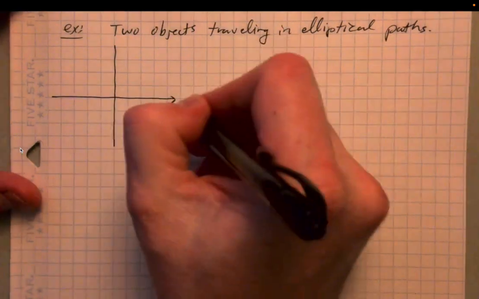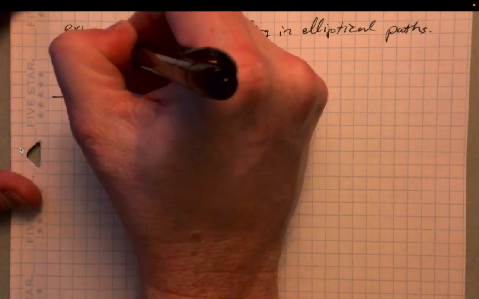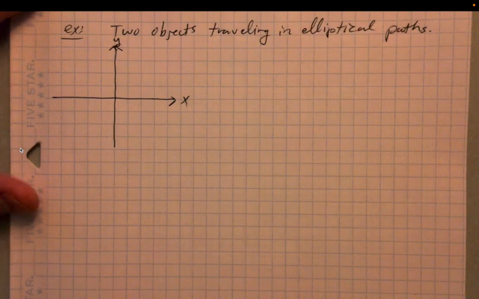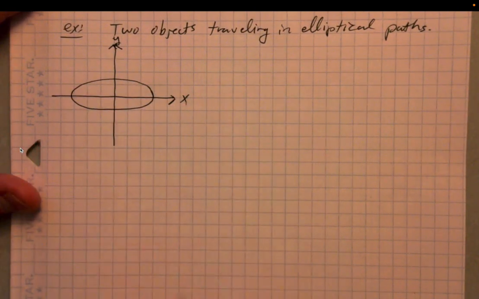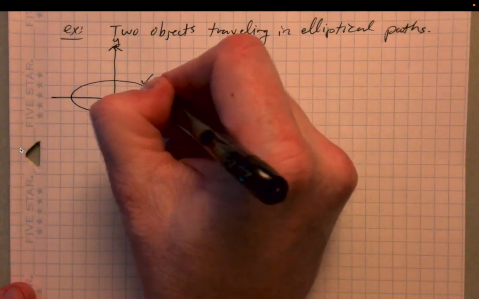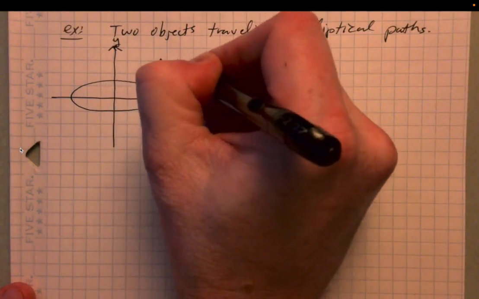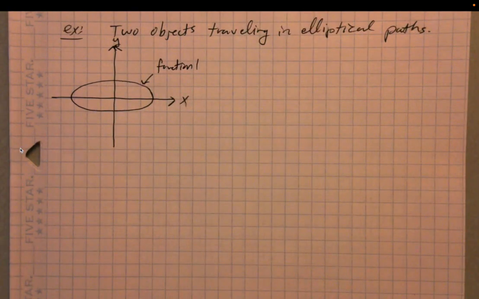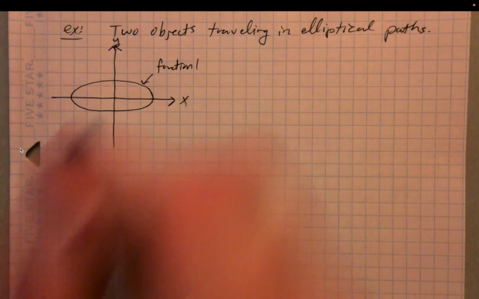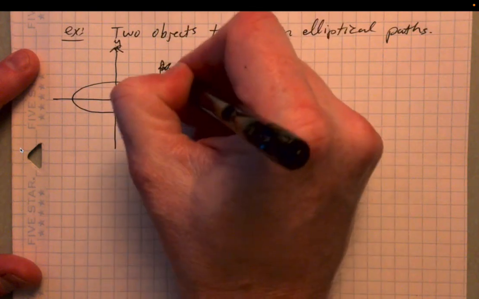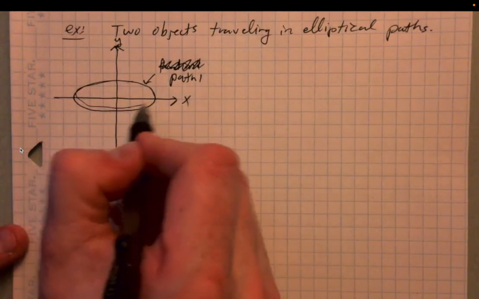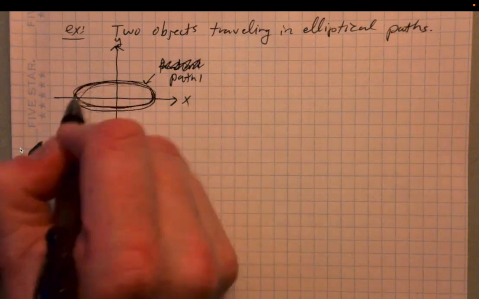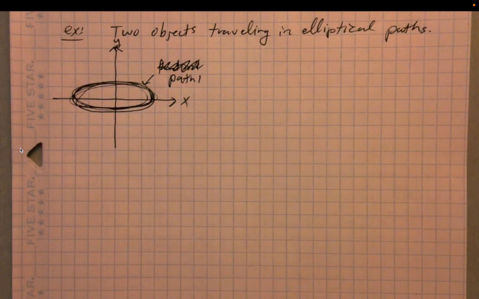So I've got my x-axis and I've got my y-axis. Let's say the first path kind of goes like this. Well, it's not a function, but say we have a set of parametric equations, and this is the path. I shouldn't write function, that's totally wrong. So path 1. It's kind of spinning around like this over a very precise path.